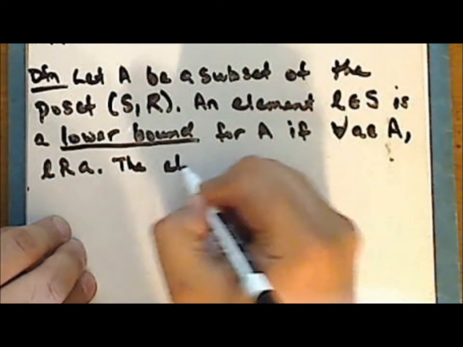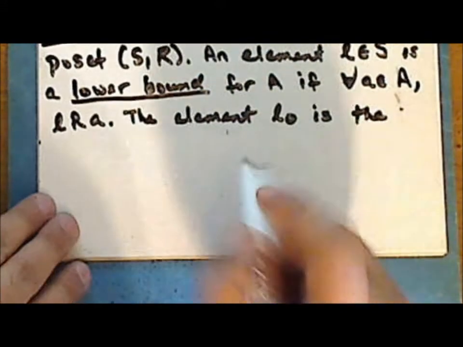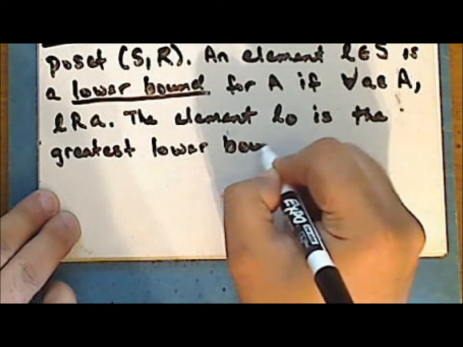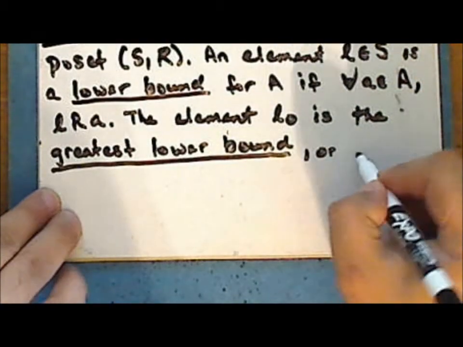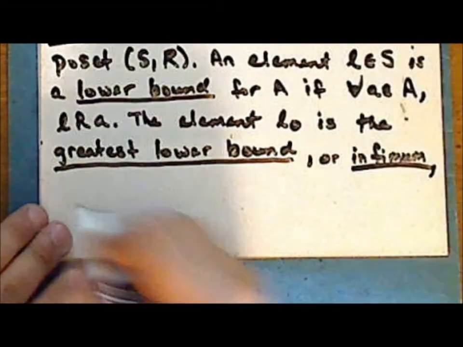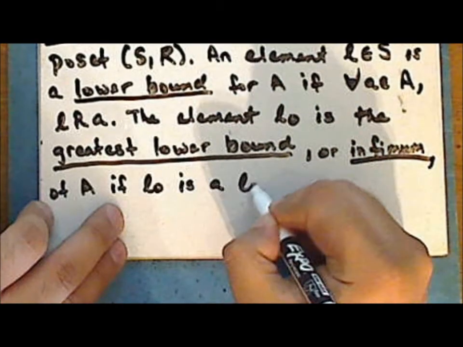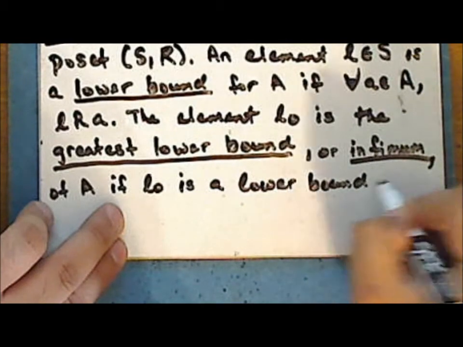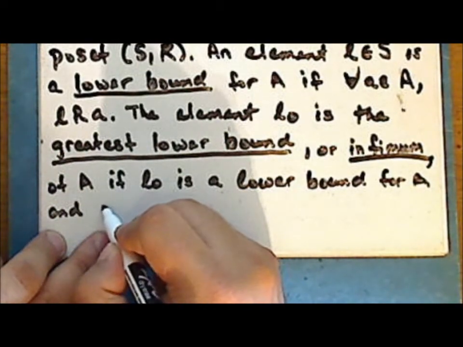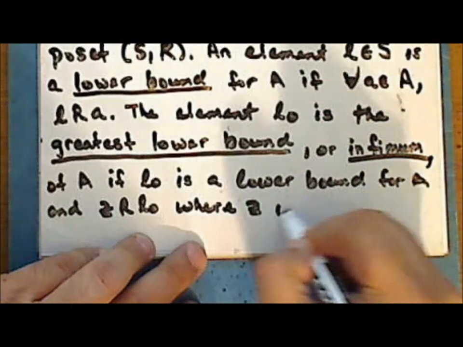So the element L sub naught is the greatest lower bound, or infimum, of the subset A if L sub naught is a lower bound for A, and Z is related to L sub naught, where Z is a lower bound.